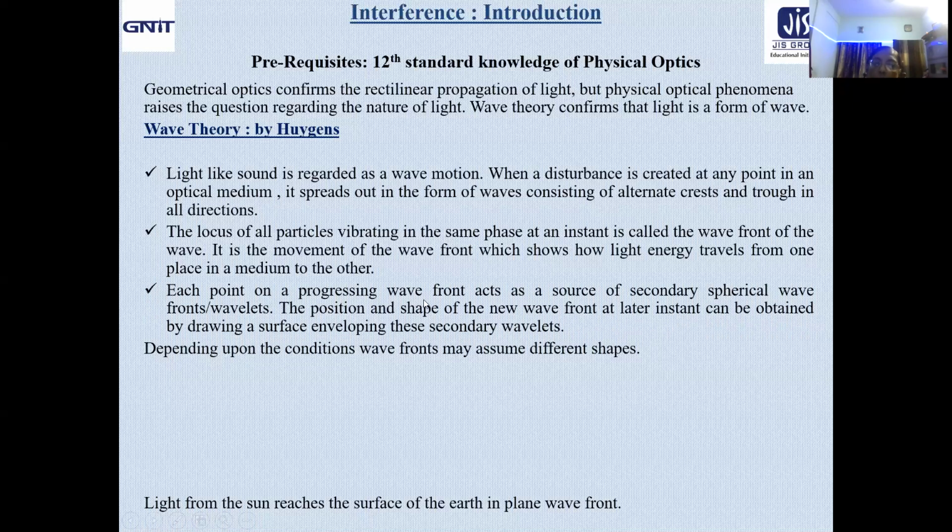Each point on a progressing wavefront acts as a source of secondary spherical wavefronts or wavelets. Mostly we are using the point source. That's why I'm talking about the spherical wavefront or wavelet. If the source is not a point source, definitely its shape will change. Accordingly, we will change our statement. The position and shape of the new wavefront at a later instant can be obtained by drawing a surface enveloping these secondary wavelets.